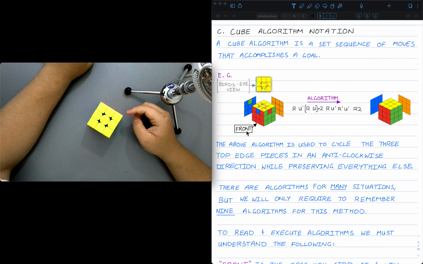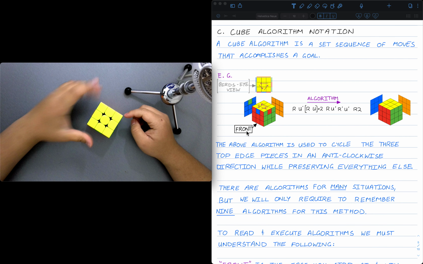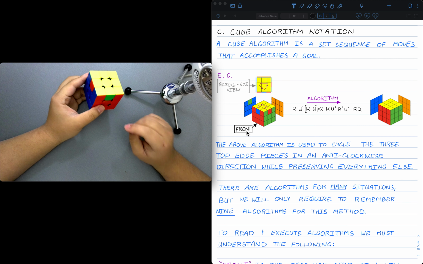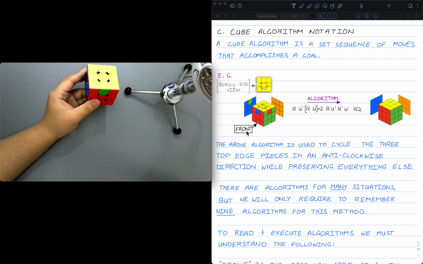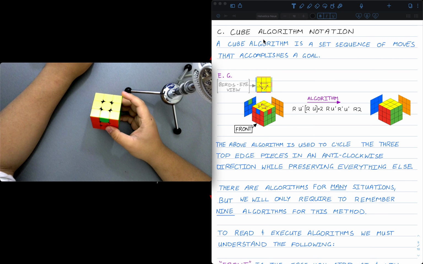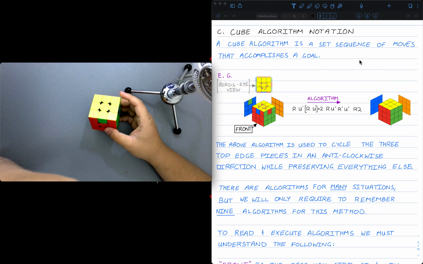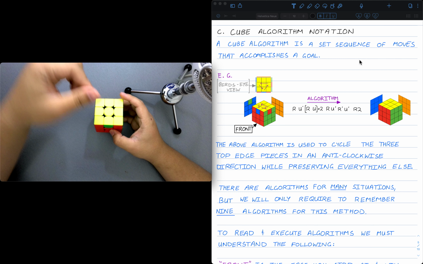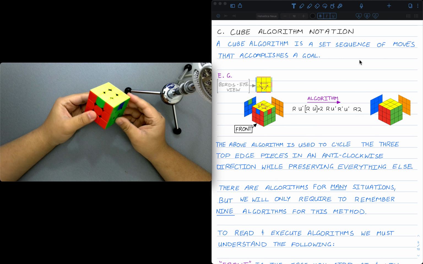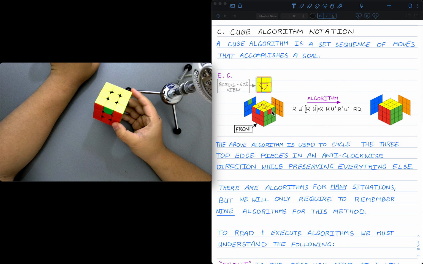Alright, so in order to solve the cube, the first step we need to actually learn is what's known as cube algorithm notation. A cube algorithm is just a set sequence of moves that accomplishes some sort of goal. So for example, I've set up the position to look somewhat similar to this.